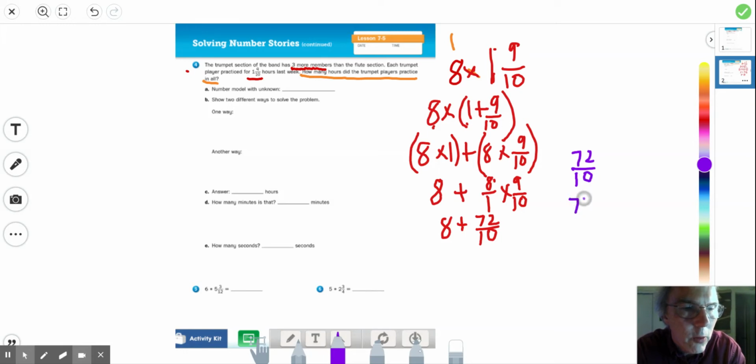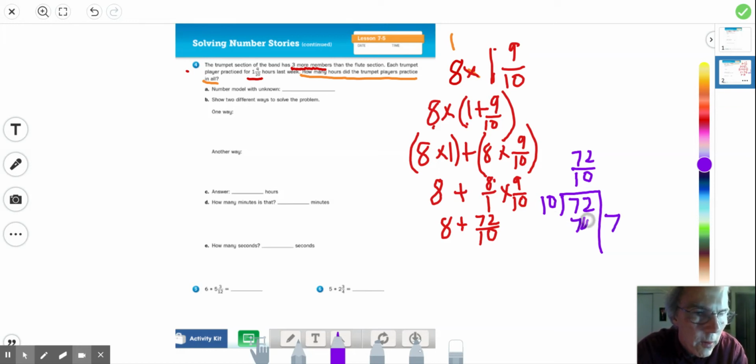So 72 divided by 10. So divided by 10. We put our 10 over there. How many times does 10 go into 72? Well, I know I can get rid of 70 by just doing 7 times 10. And then we have a remainder of 2, which is going to be 2 tenths. So 7 and 2 tenths. And then we have that plus the 8.